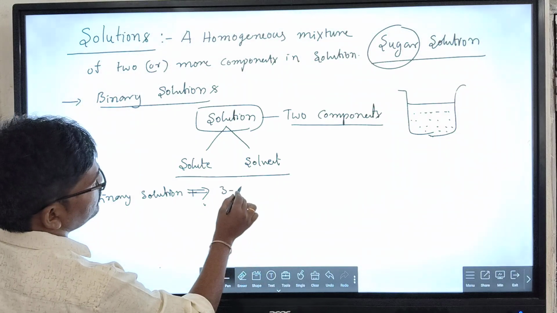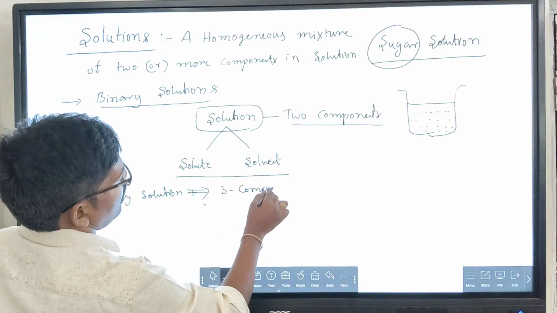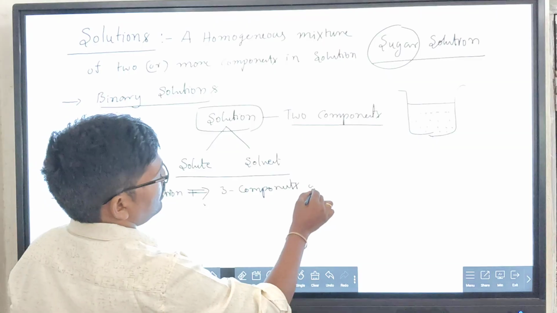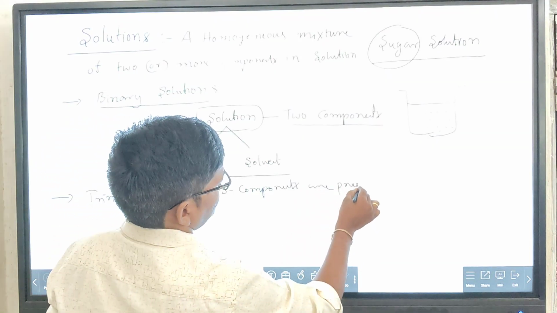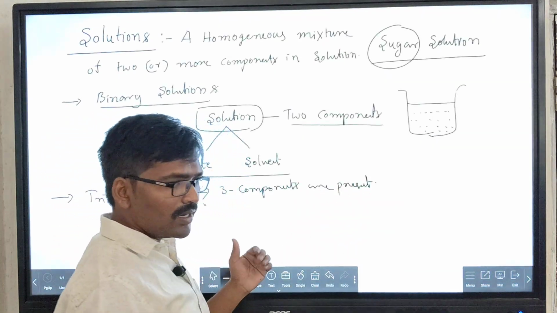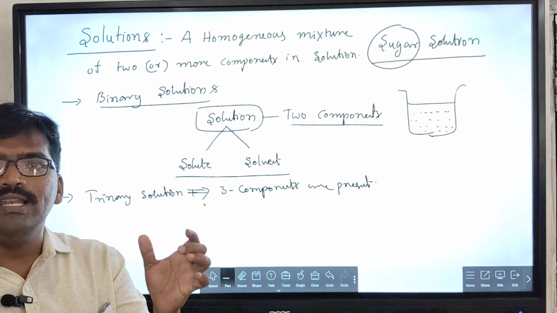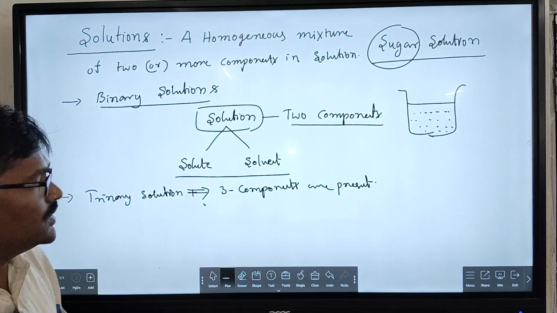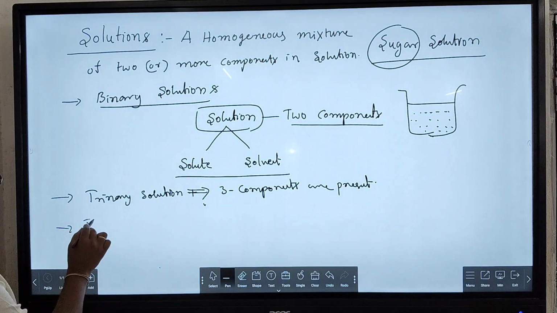Such types of solutions we call trinary. In a tetranary solution, four components are present.